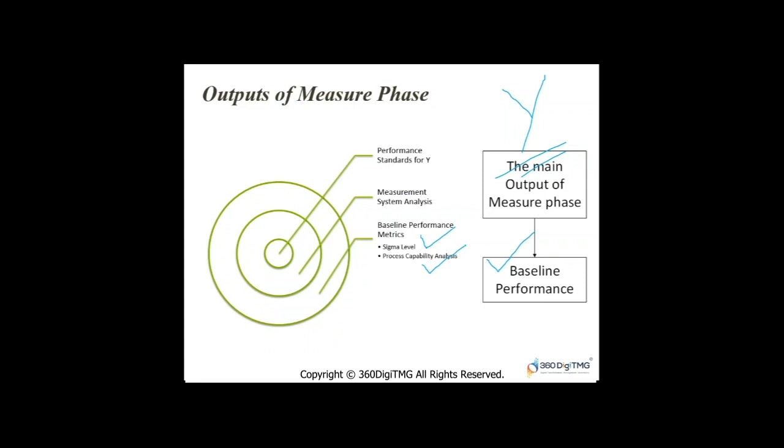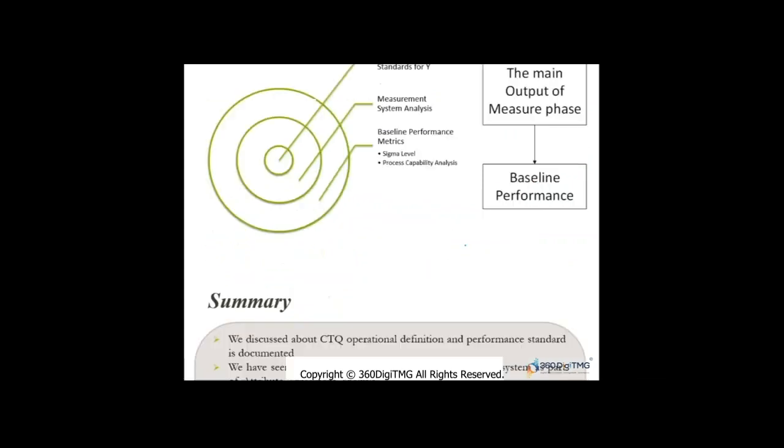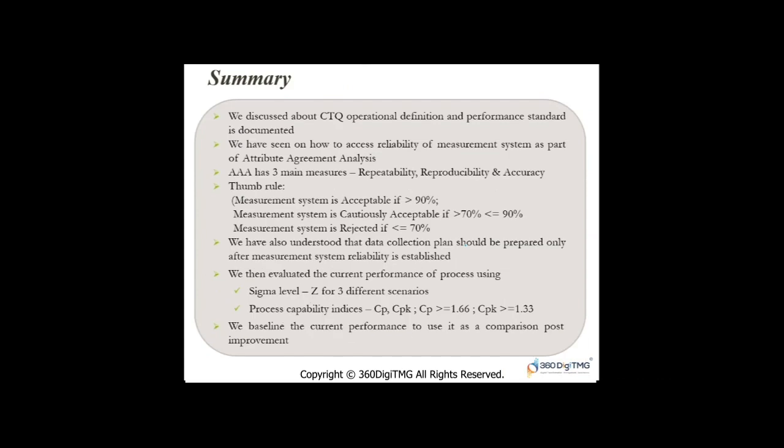All right, we came to the end of the measure phase. Let us quickly recap. A quick summary. We discussed critical to quality, operational definition, and we finalized the performance standard and documented it. We also have seen how to assess reliability of measurement system as part of attribute agreement analysis.